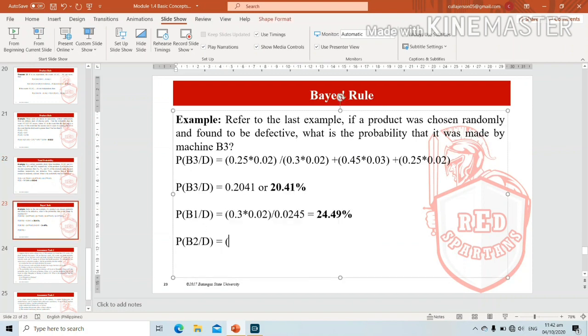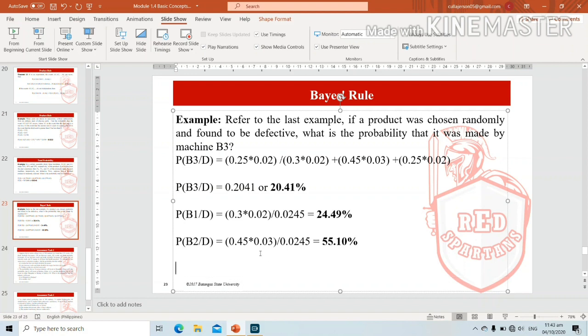So, ibig sabihin, 0.45 times 0.03, i-divide natin sa 0.0245. 0.45 times 0.03 over 0.0245 is 55.10%. Yan yung ating mga probability which is equal to 100%.